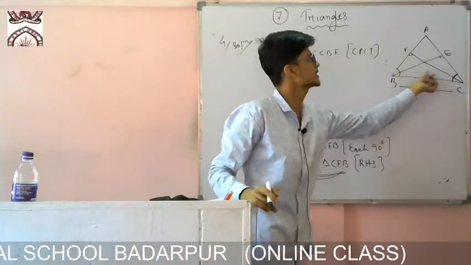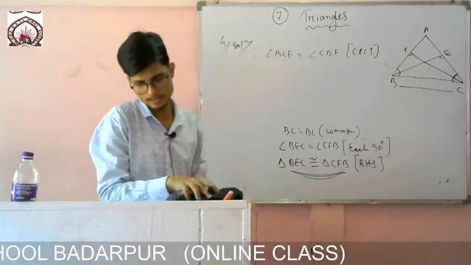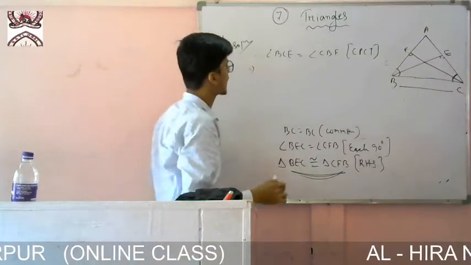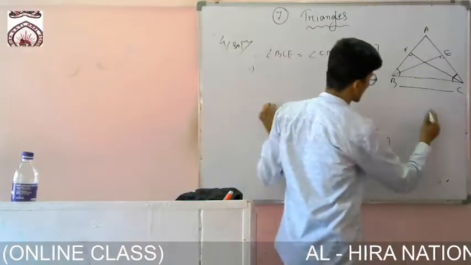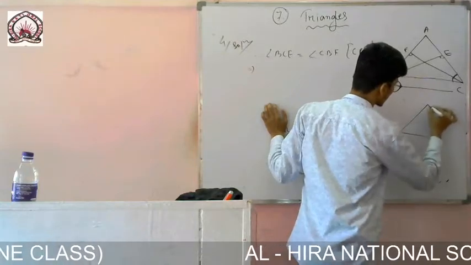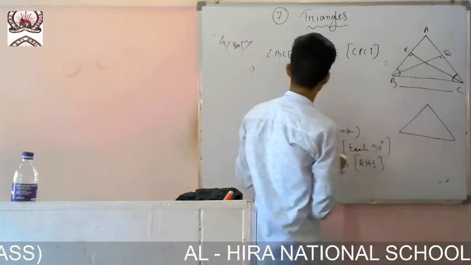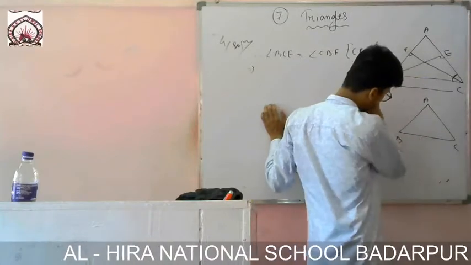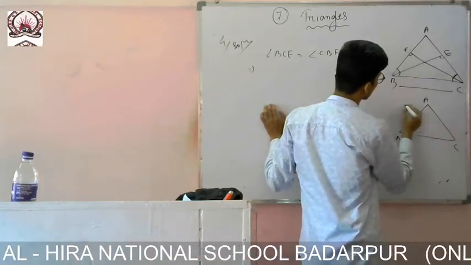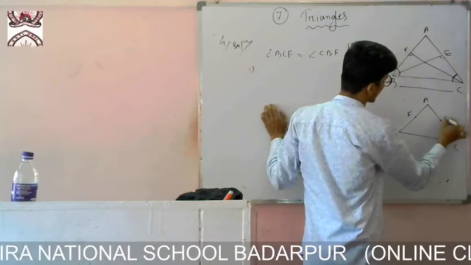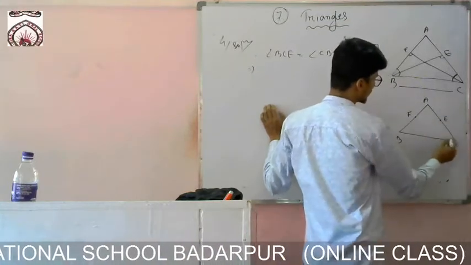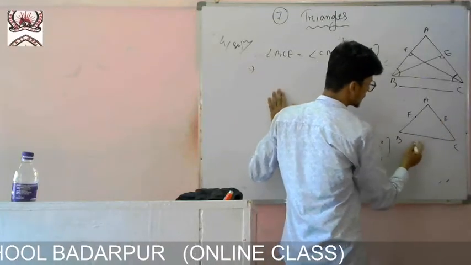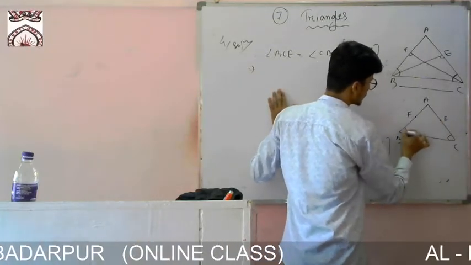I have shown that these two angles are equal. So now you see one thing. I am drawing another figure so that you can understand nicely. ABC is the triangle given, and somewhere point F is given, another one E is given. What we have shown just now is that angle BCE is equal to that angle.